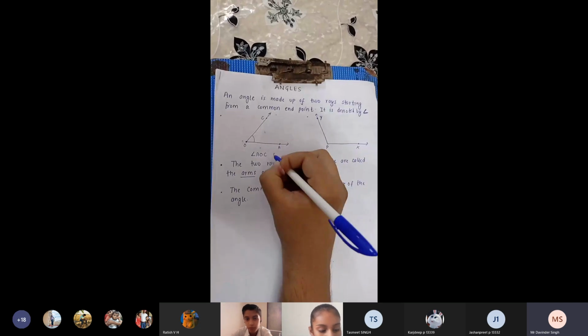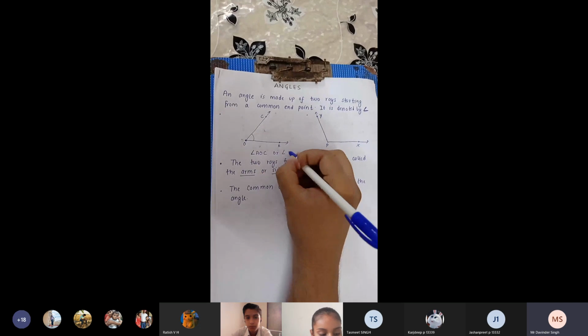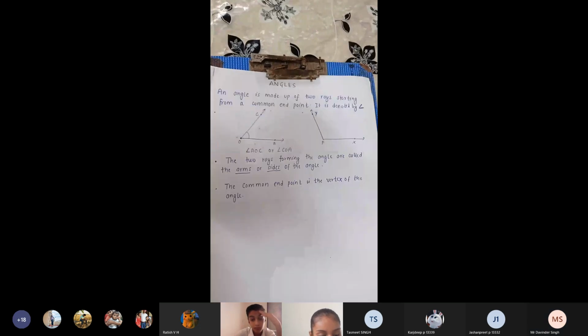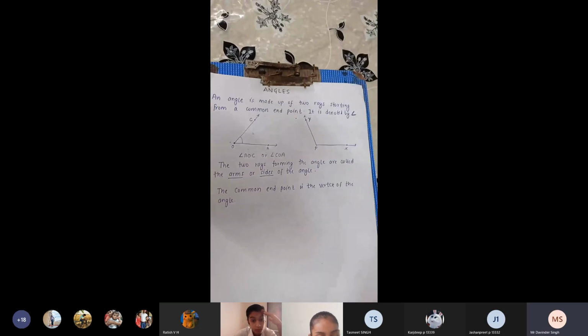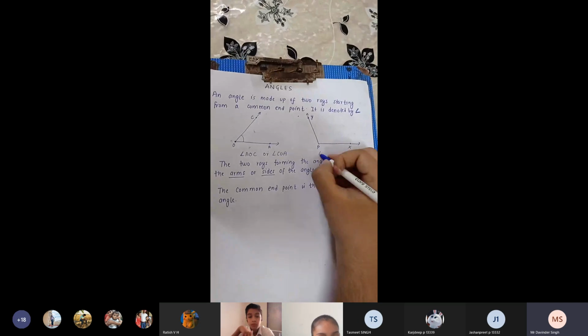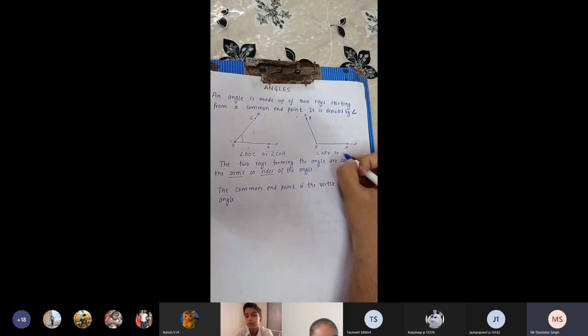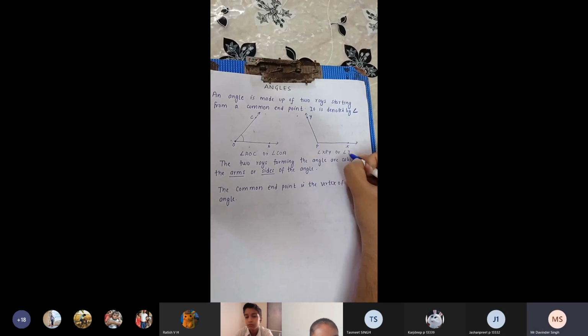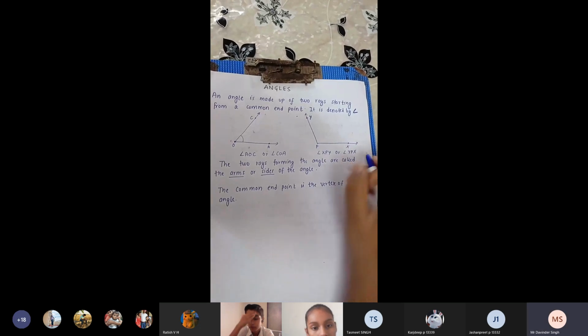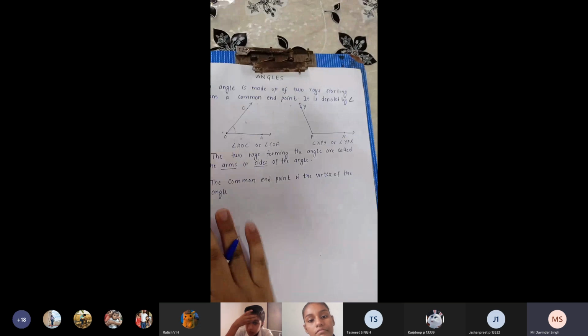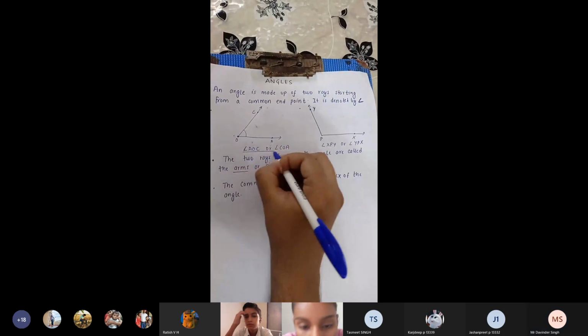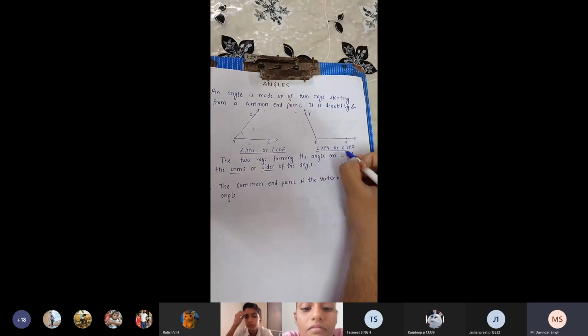Or I can name it as angle COA. Similarly, this angle can be XPY or angle YPX. This is also true. So these are the names of the angle.